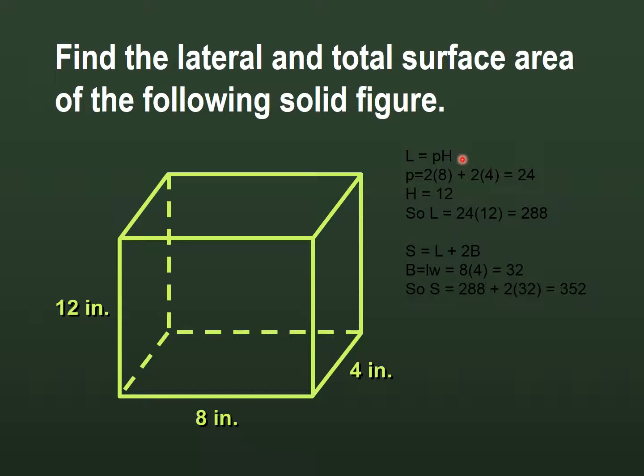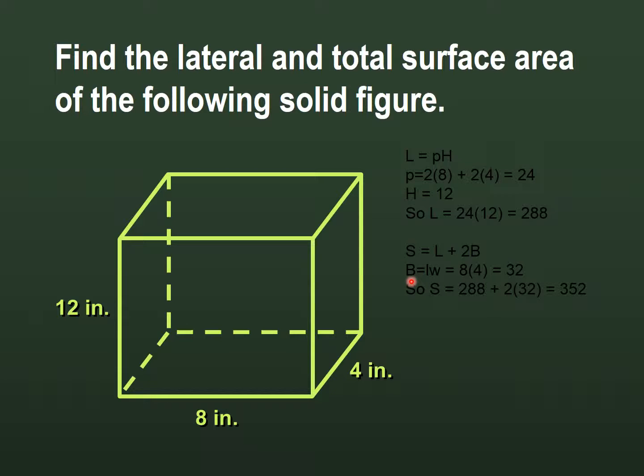So lateral surface area is just the area of the pieces that are not the bases, right? Not the bases. So now let's do total surface area. So total surface area is equal to the lateral area plus the area of the two bases, or 2 times the area of one base, okay?